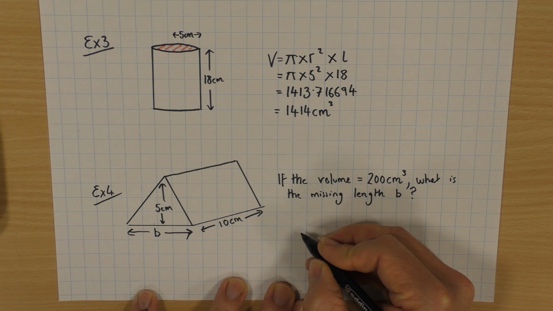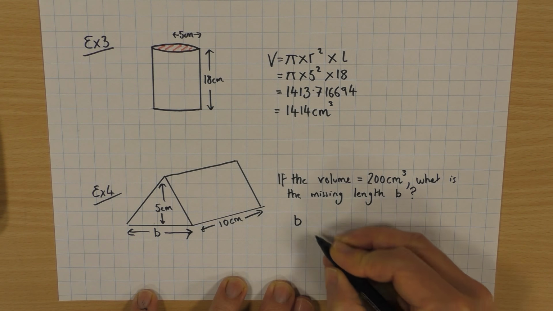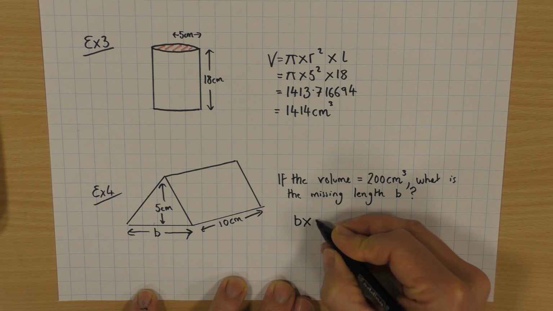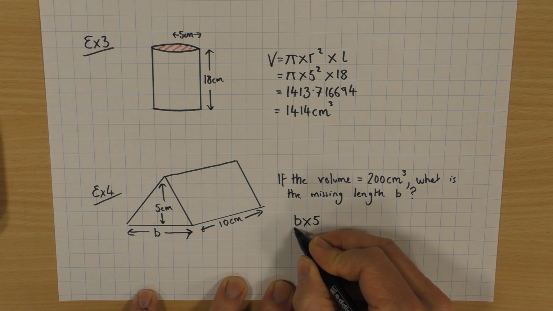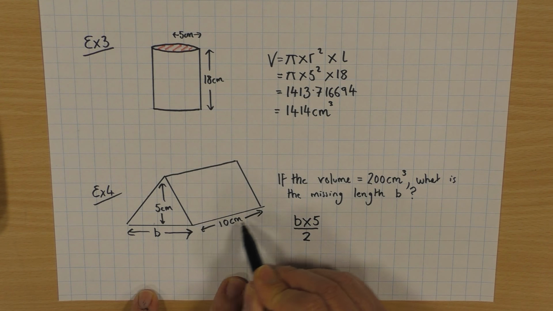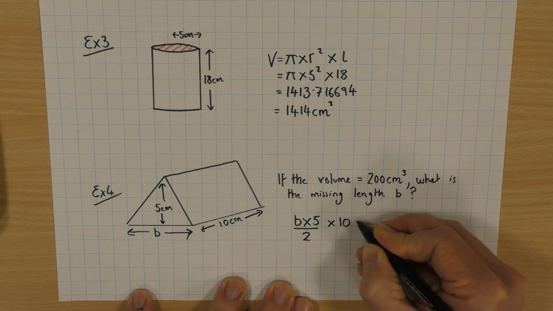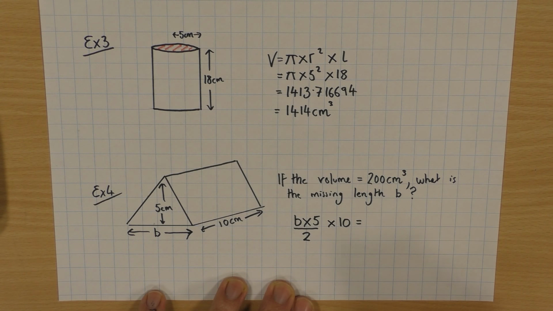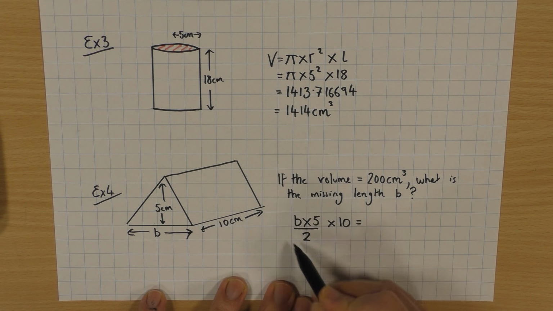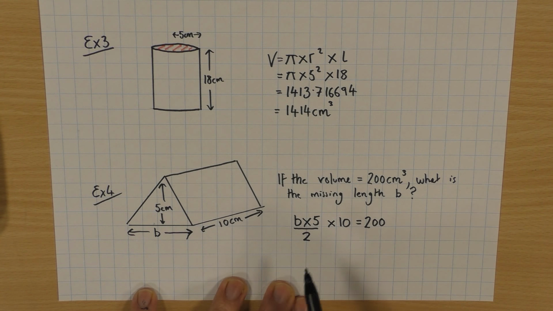Okay, so base times height divided by 2. So B for base times the height, which is 5, divided by 2. I'm then going to times by the length, the other dimension, times by the 10. But we're told what the volume is. All that equals 200.